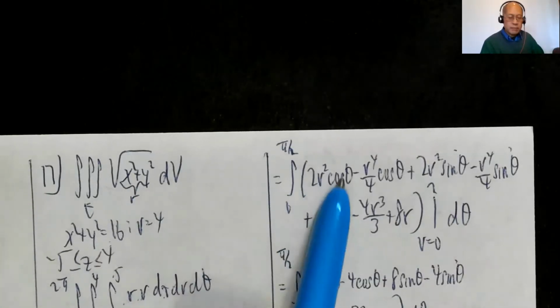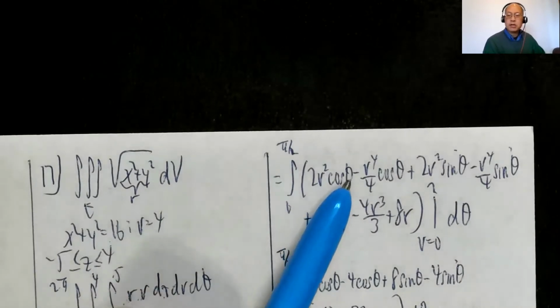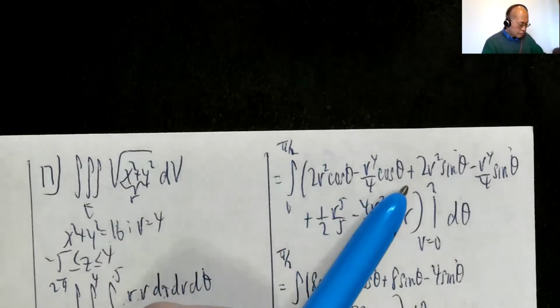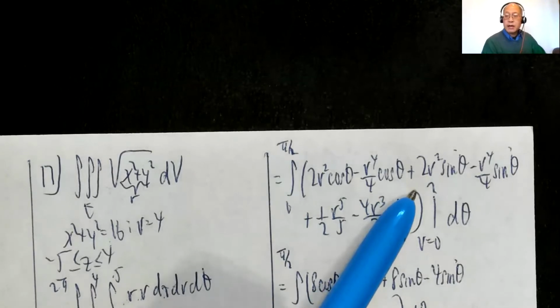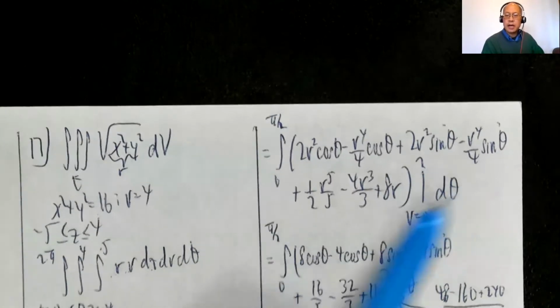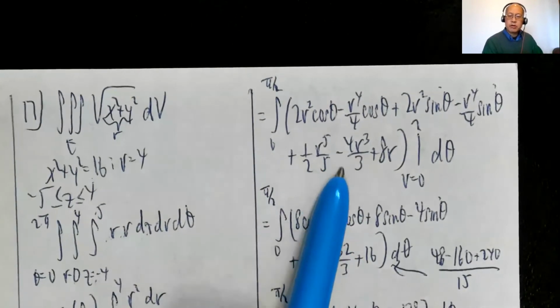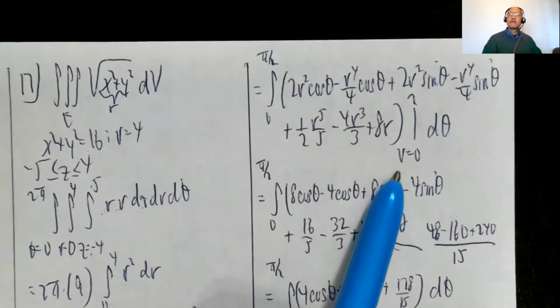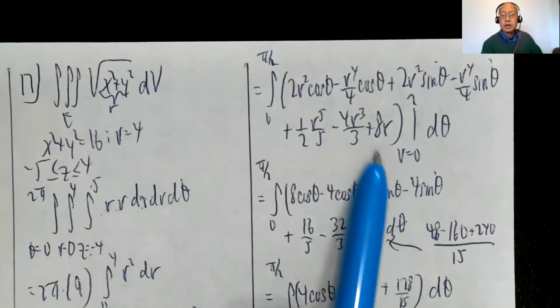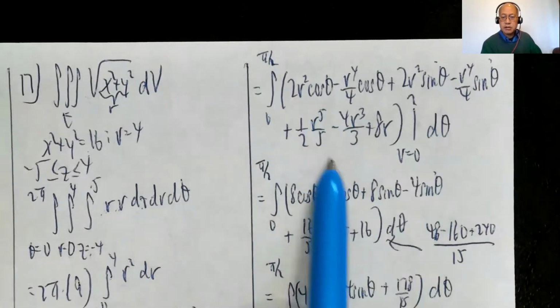2r squared cosine theta minus r to the 4th over 4 cosine theta plus 2r squared sine theta minus r to the 4th over 4 sine theta plus 1/2 r to the 5th over 5 minus 4/3 r cubed plus 8r from 0 to 2. Plug in 0, you get 0.